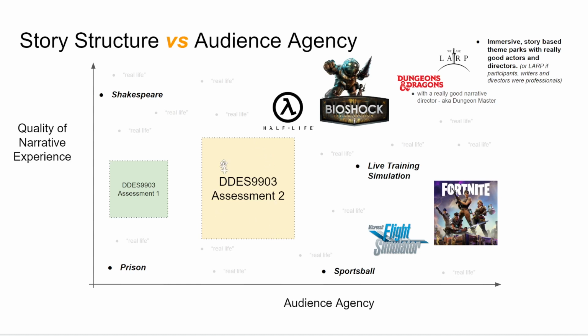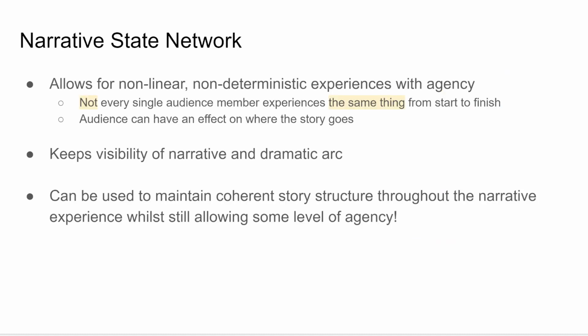So our goal is to try and maintain both, the quality of the narrative experience as well as give people agency. So that's basically where the narrative state network comes in. This is one device that we can use to maintain both a coherent narrative arc and also some agency.